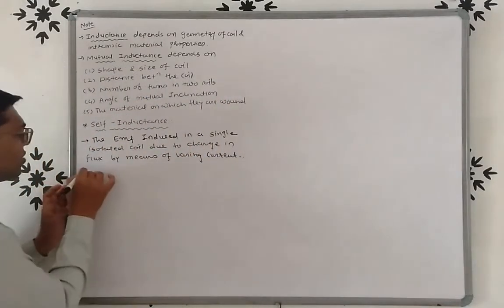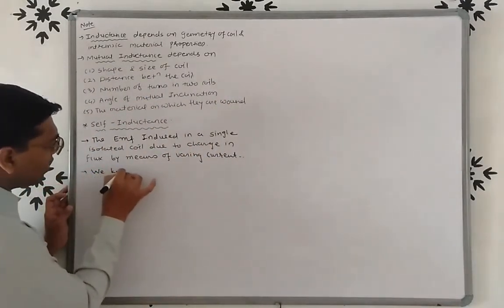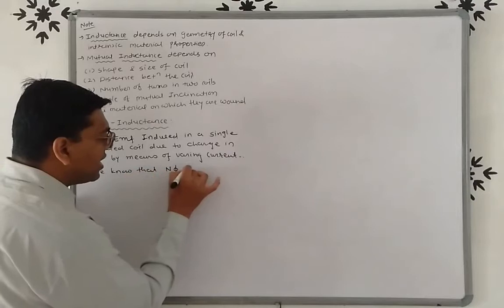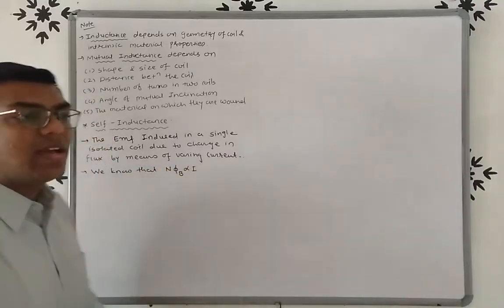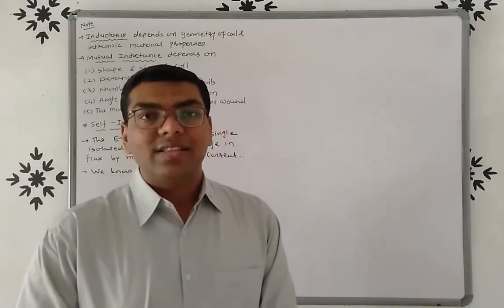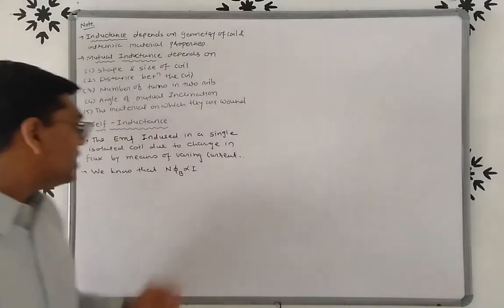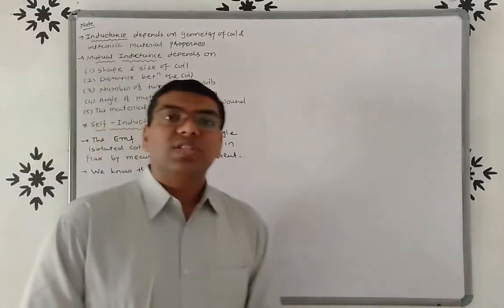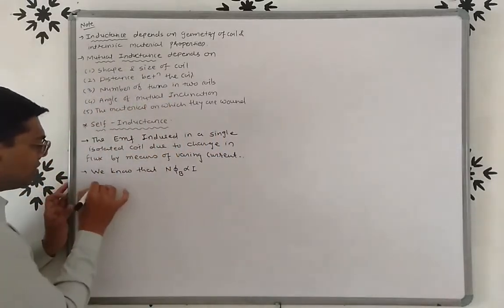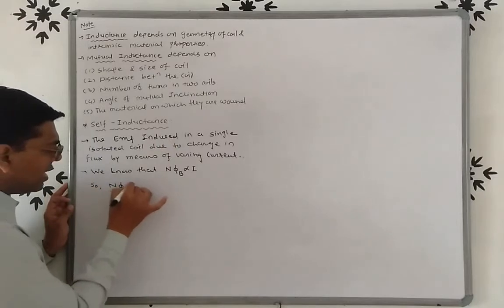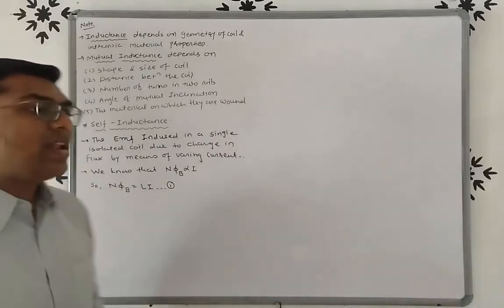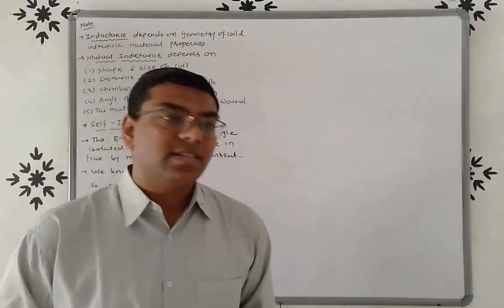We already know that if there are N turns, then N phi B is directly proportional to current I. But here there is only one single isolated coil, so the proportionality constant is known as self-inductance. So N phi B is equal to L I. This is equation number 1, where capital L is known as self-inductance.